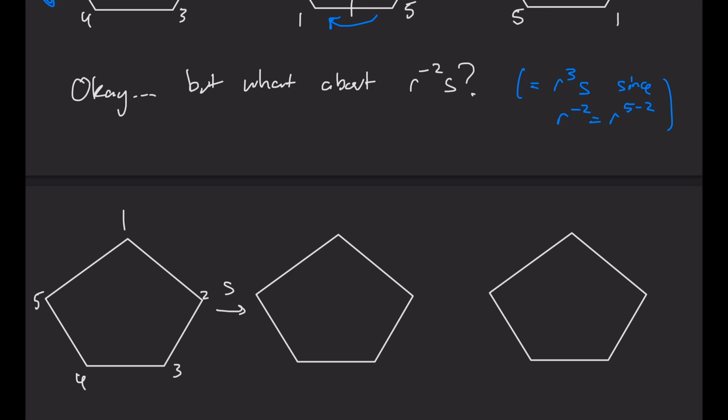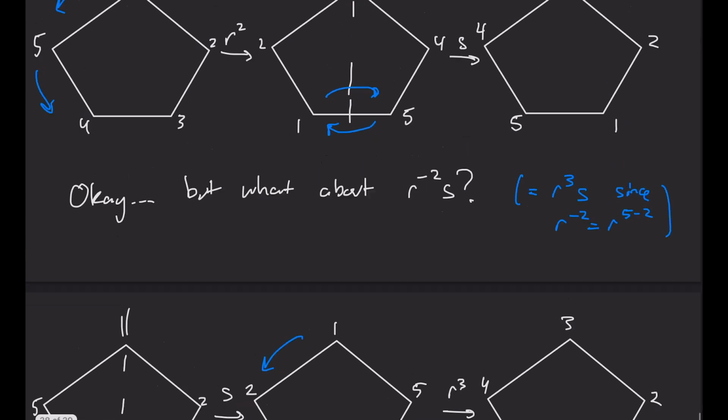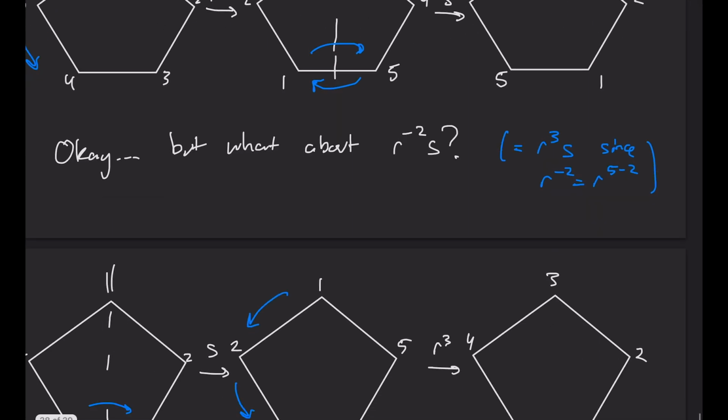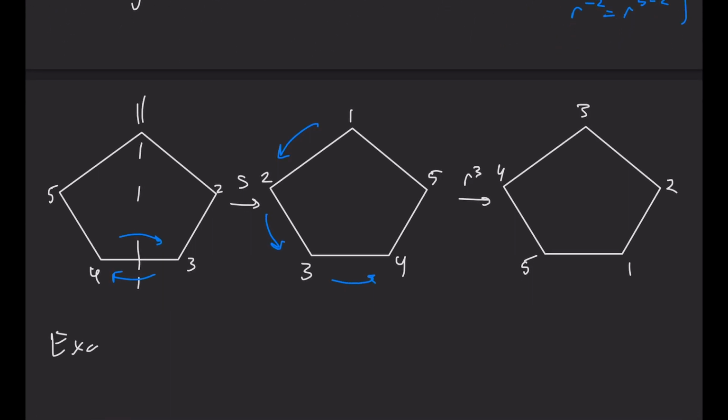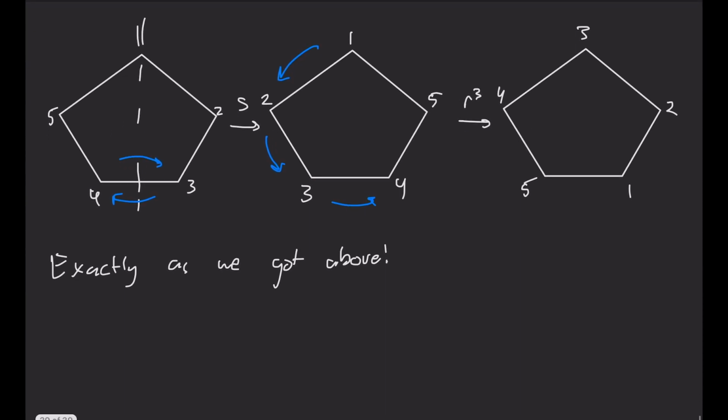Okay, so 2 and 5 swap, and 3 and 4 swap. So we get 1, 5, 4, 3, 2. And then if I apply R cubed, I'm rotating 1 around to the bottom right corner. So at the top, I get 3, and we get 4, 5, 1, 2 in the counterclockwise direction. And that's exactly what we had above.